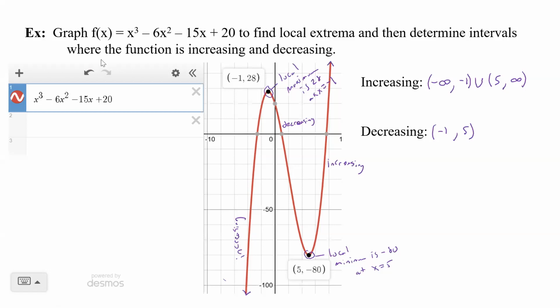So let me see if I have this written down. I better write it down, and then I'll show you on the graphing calculator what that looks like. And so that's going to be x cubed minus 6x squared minus 15x, and then plus 20. So let's go to our graphing calculator, and that is right here.